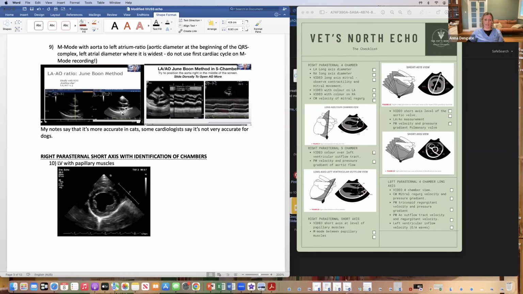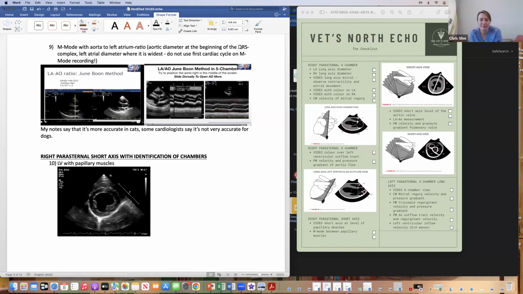Essentially you're lining up straight across the aortic valve into the left atrium, which you've cut short because you've got your 5-chamber view, so you're not actually optimizing your left atrial dimension there. And then you're going to do the M mode, and it has to be at the beginning of the QRS cycle. So right at the beginning of systole?